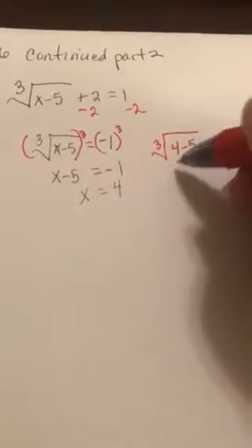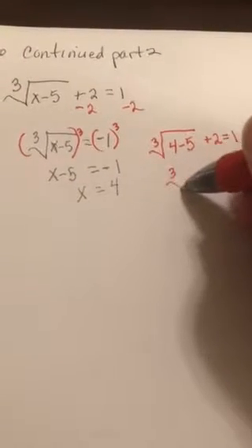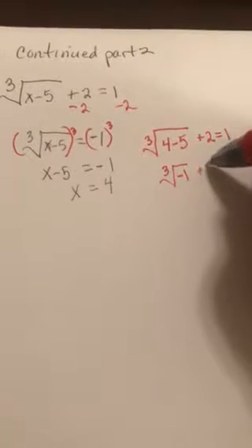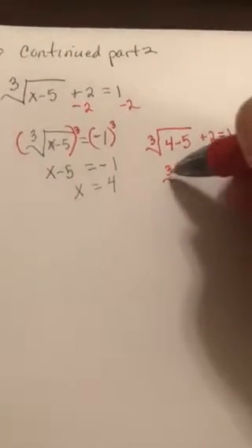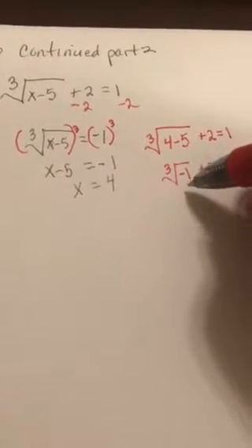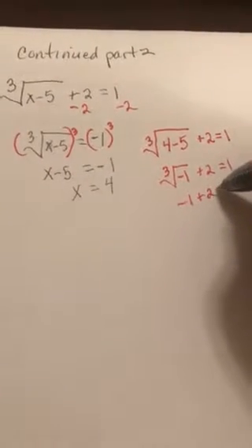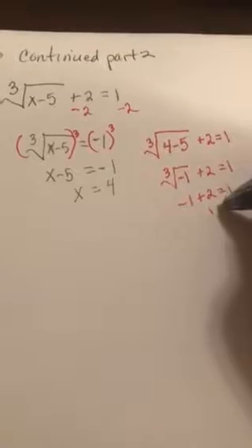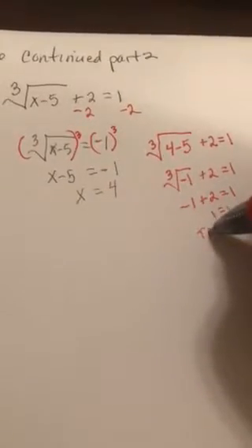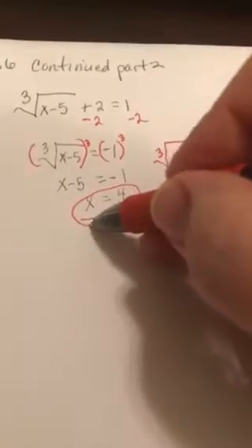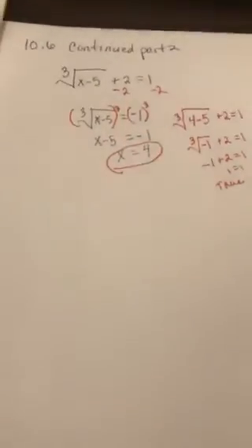And so 4 minus 5 is negative 1, so the cube root of negative 1 plus 2, does that equal 1? Well, cube root of negative 1 is negative 1. Negative 1 plus 2, does that equal 1? Sure enough, that's true.